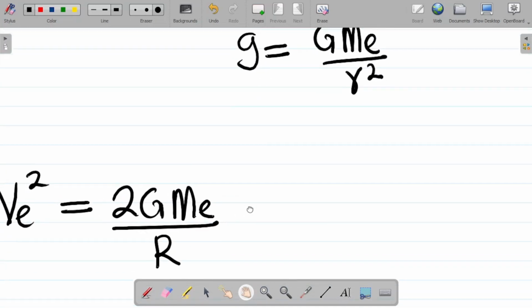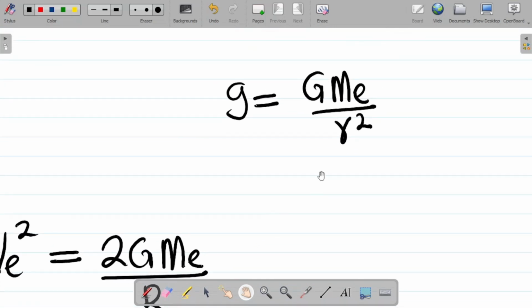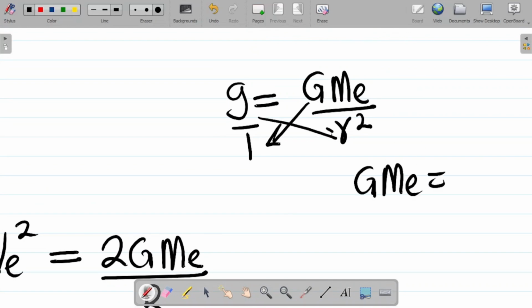So let's relate this. Why am I bringing this back here? Because we have to relate this. Let's make M_E the subject of the formula: G M_E over 1, so G M_E is equal to small g times R squared.